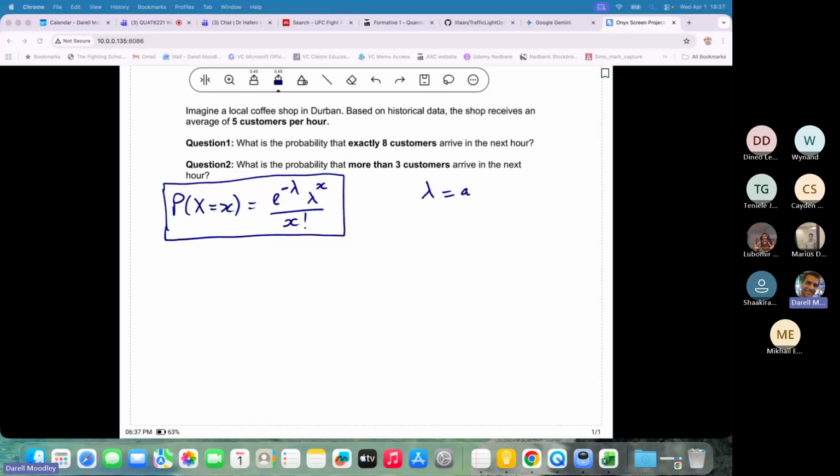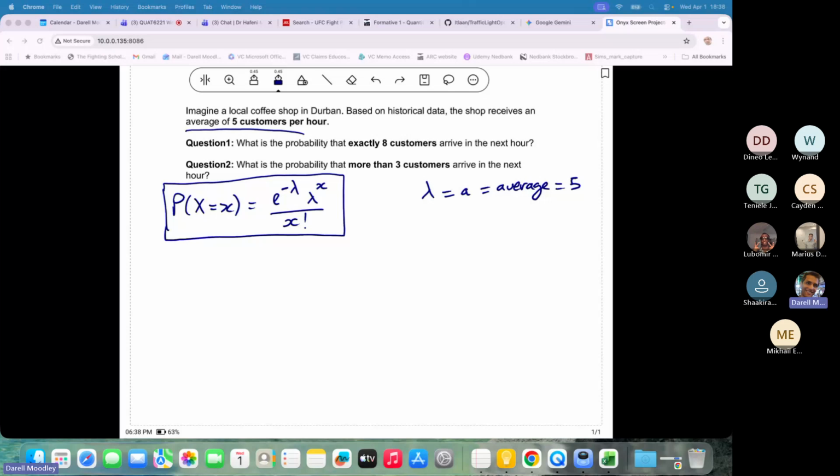All that lambda and that a means is just the average. That's all it is. So if you look at your question, the average that's given to you is 5. So whenever you see lambda, or if your equation has a instead of lambda, just know that you would replace it with 5 for this example. And the x is just the value that you're interested in working out.